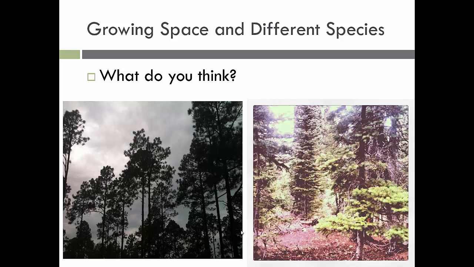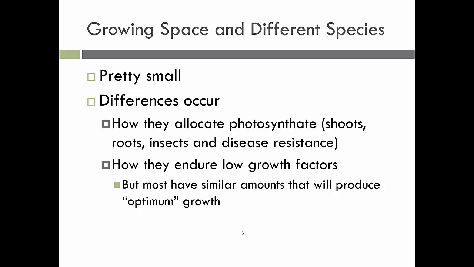So we think about growing space and we think about different species. This is one of those trick questions: do you think growing space is different between different species? Yes and no. They're pretty small differences. When we go back to it, all plants, all trees need the same growth factors.